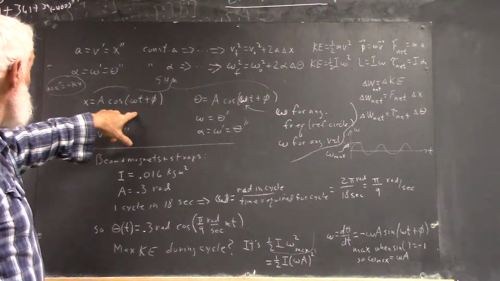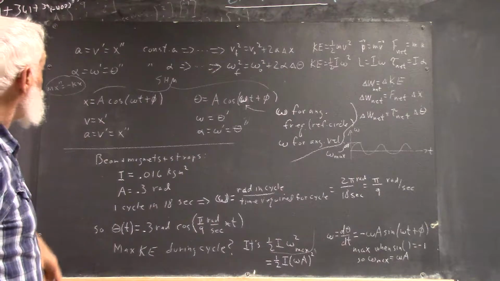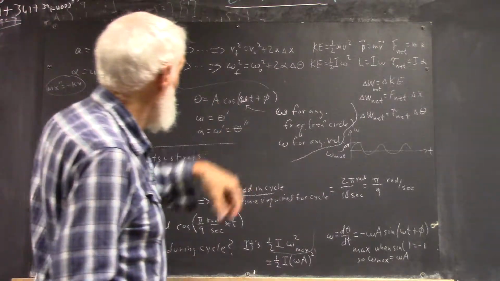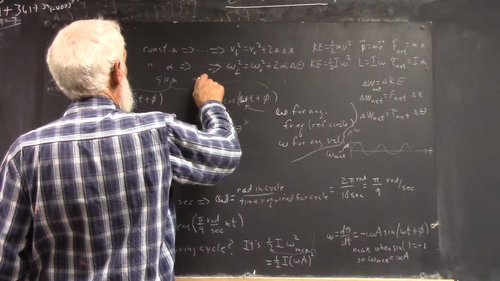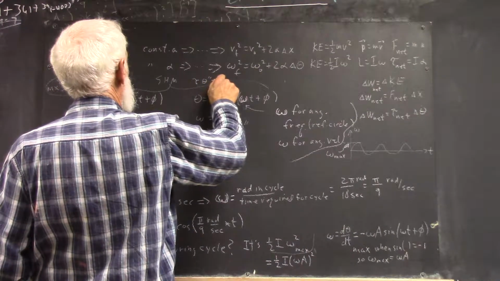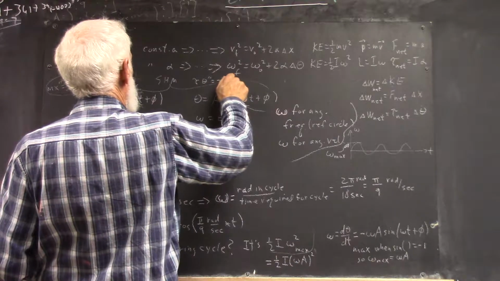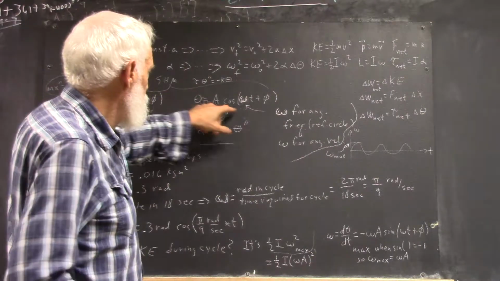This immediately pops out. You can easily verify that this is a solution to this equation. For simple harmonic motion with a restoring torque, you have I theta double prime equals negative k theta, which gives you the theta function here.